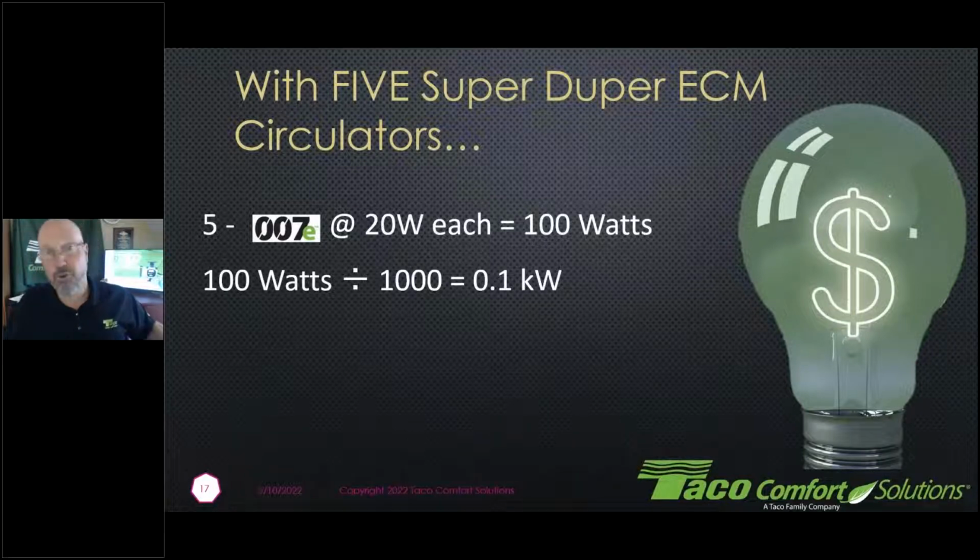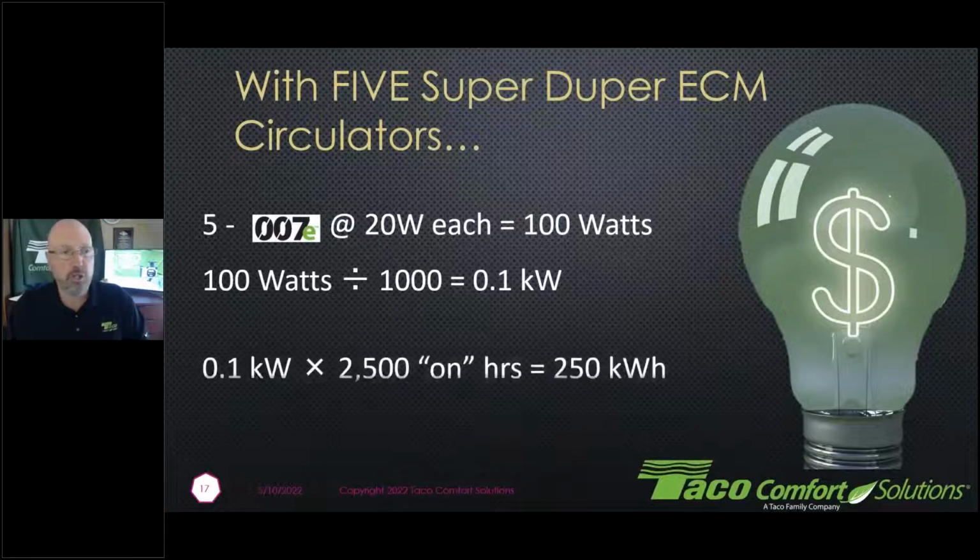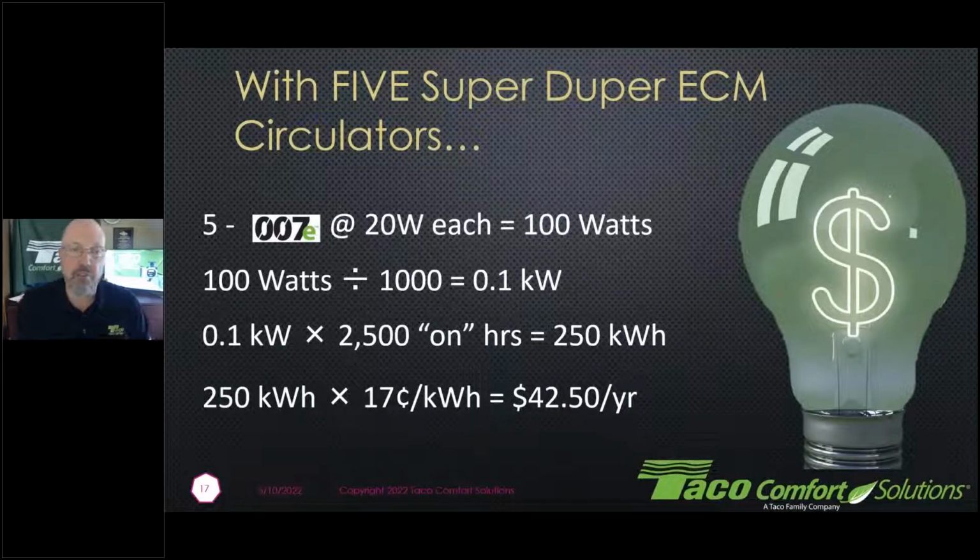When I first put one in my house, it did have a digital readout to tell me the power draw. Mine ran around 12, 13 watts for most of the winter. So let's hit 20 watts as mid-road, just a hair under mid-road, and do that same math. And now we're down to $42 a year with 5 ECM circulators.